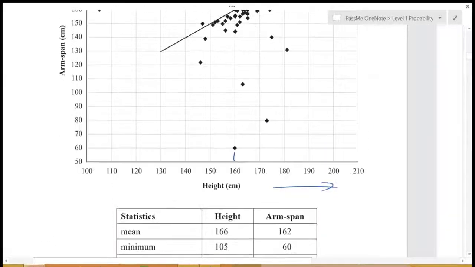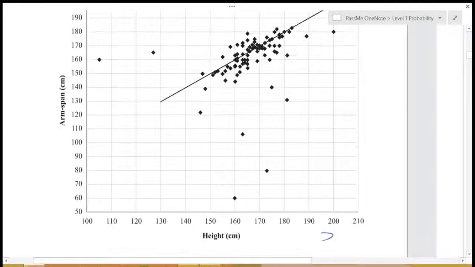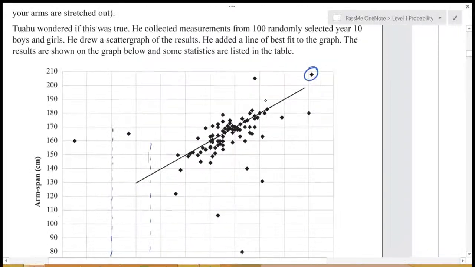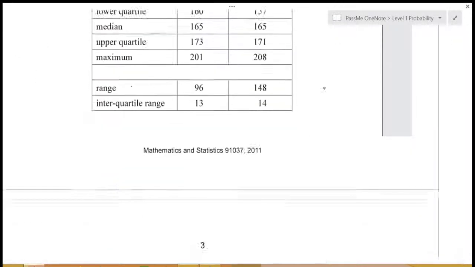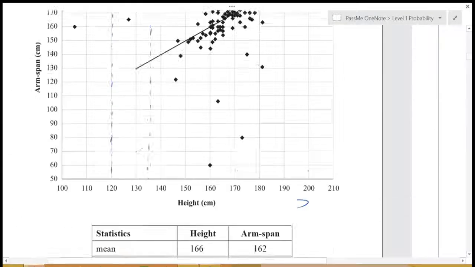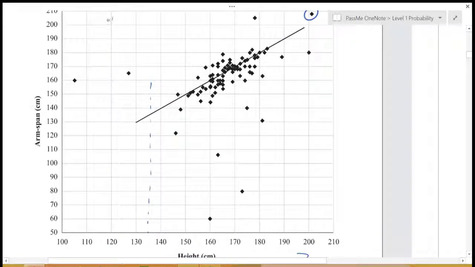So we'll just scroll up to the graph again. So 120 is coming along here, and 135 is along here. Just check up, make sure we're not missing any. I'm supposed to be looking at arm span, and that's height. So we'll track across from arm span.